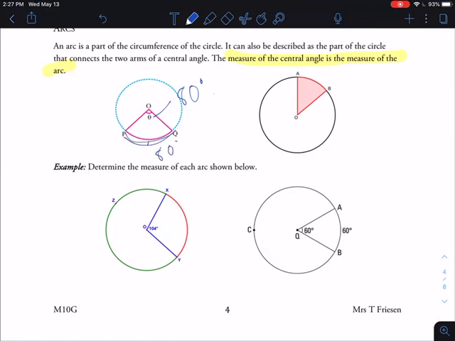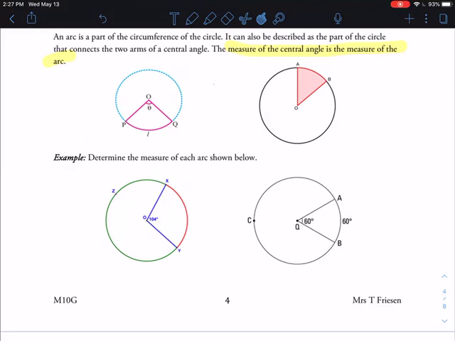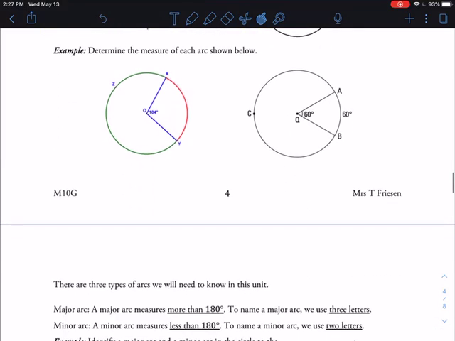And that's a new thing in grade 9: you can measure the circumference of the circle, like this part, in length, by finding part of the circumference, but you can also measure it in degrees.